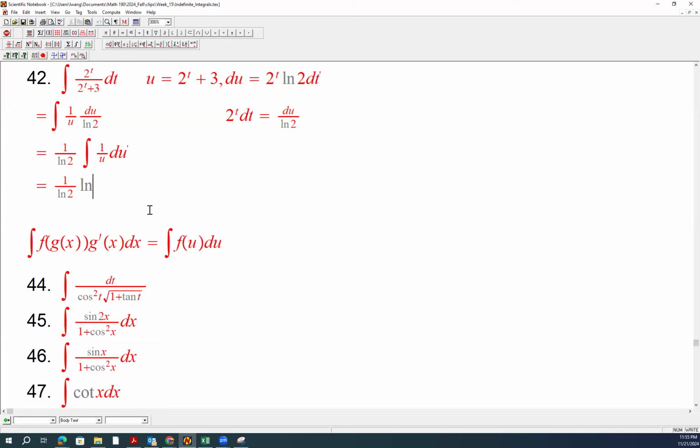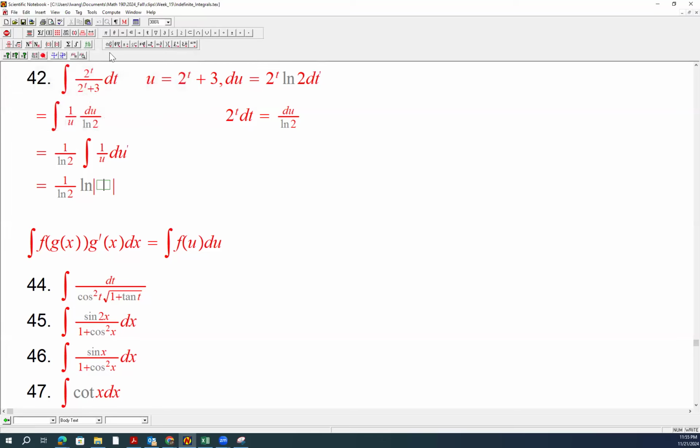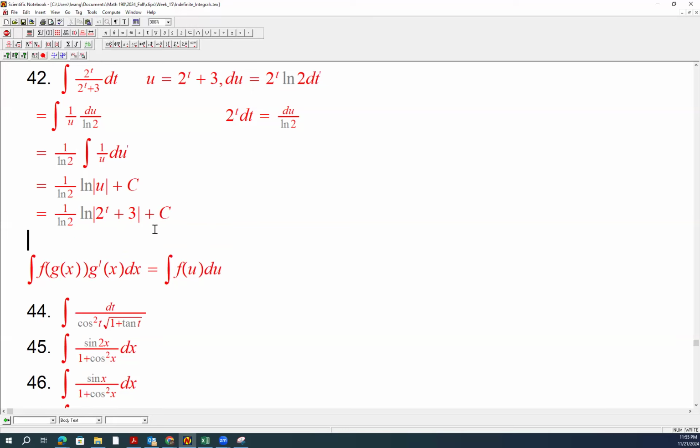And the next step, we got ln of the absolute value of u plus constant. And u is 2 to the power t plus 3. And here we got another interesting fact to use, because 2 to the power t is always positive, right?